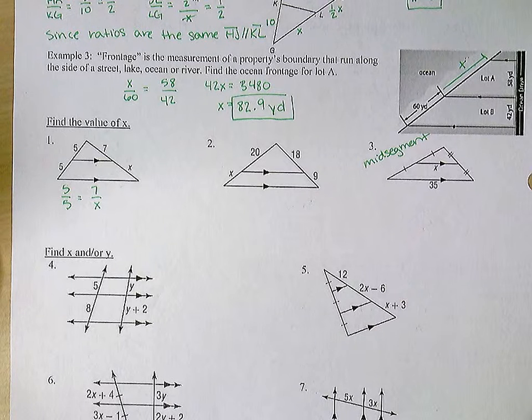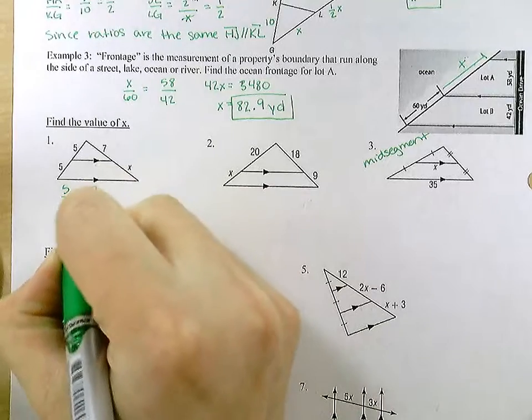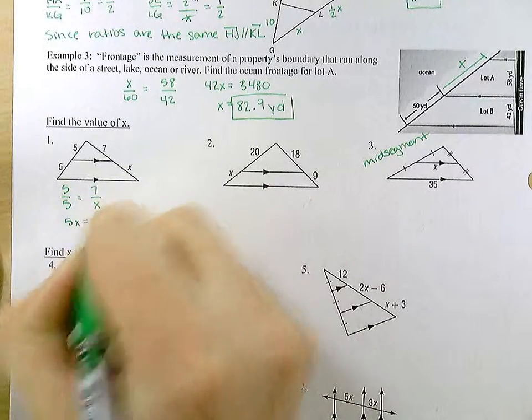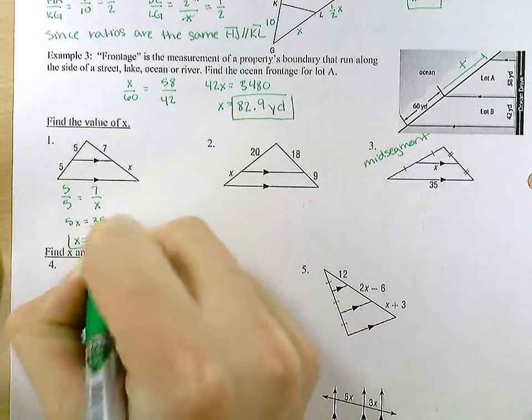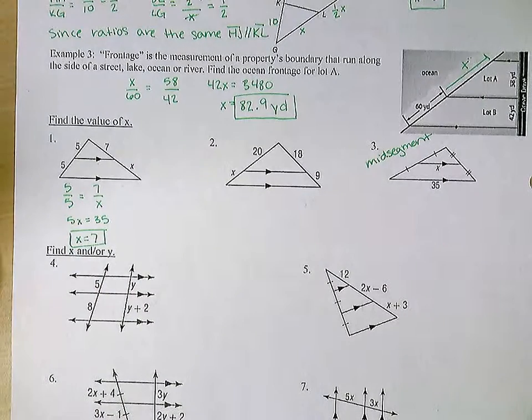Since you have 5 over 5, you'd have to have 7 over 7 for them to be equal. But if you did cross multiply, you'd have 5x equals 35, and then you'd end up with x equals 7. Okay, so since they are equal ratios, they have to be equal. Since 5 over 5 is 1, the only way 7 over a number would equal 1 is if it was 7.